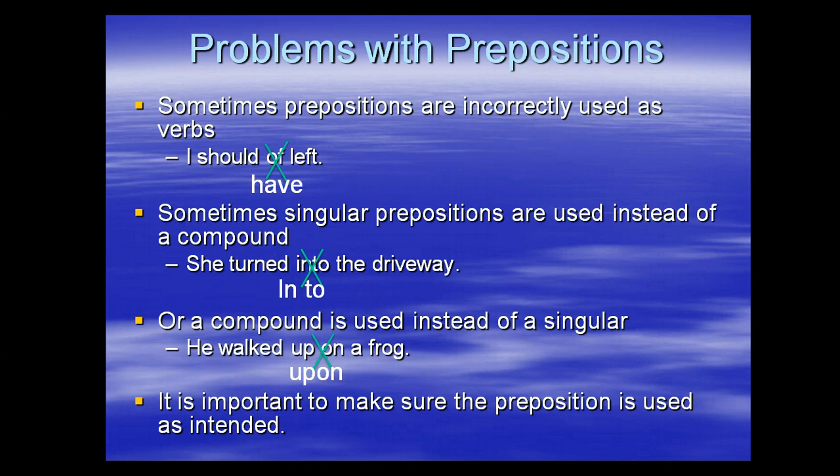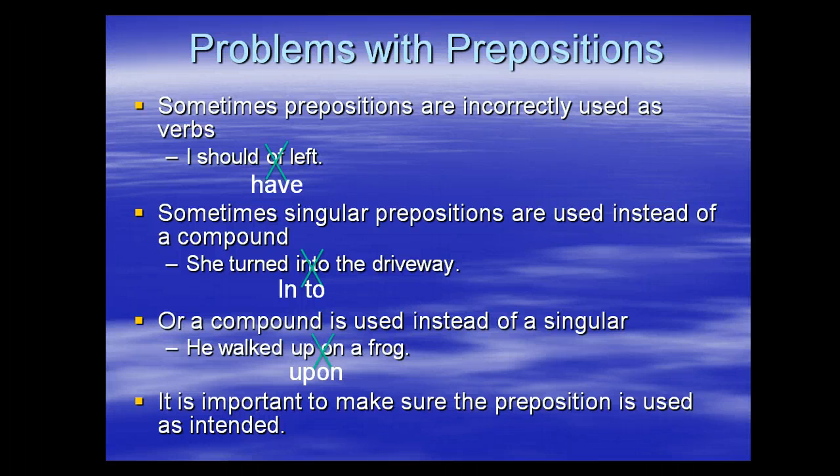He walked up on a frog. Well, that would give the reader the visual that this person is actually walking up a frog. So we need to show that he came across the frog while he was walking. So he walked upon a frog.